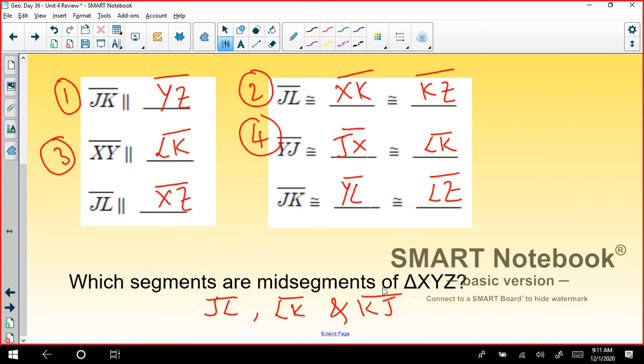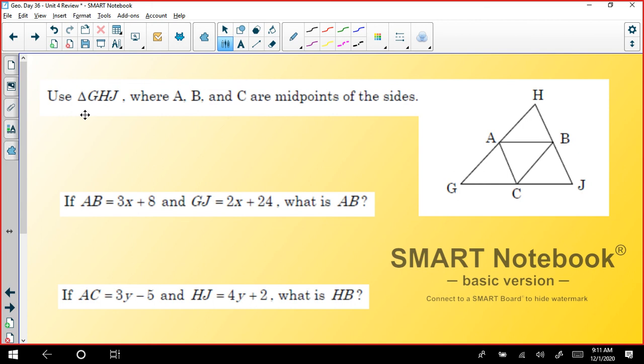Okay, let's see the next slide. Use triangle GHJ where A, B, C are midpoints of the sides. I'll solve the first one. I'll give you a chance for the second. If AB equals 3x plus 8 and GJ equals 2x plus 24, what is AB?